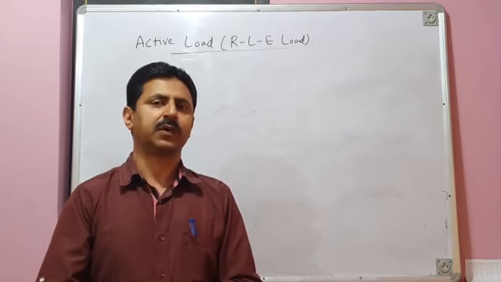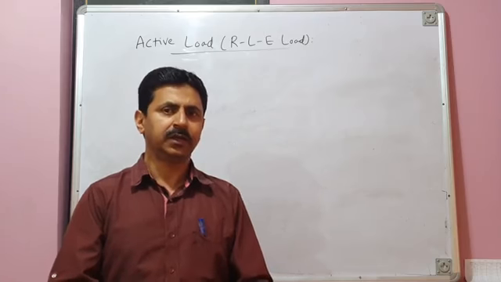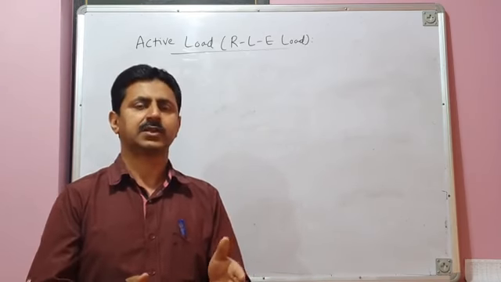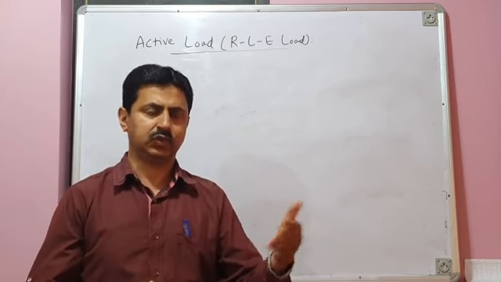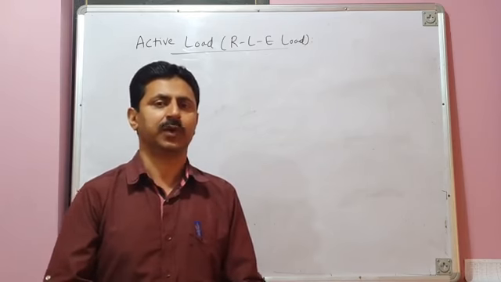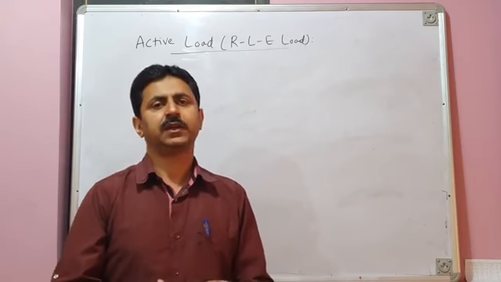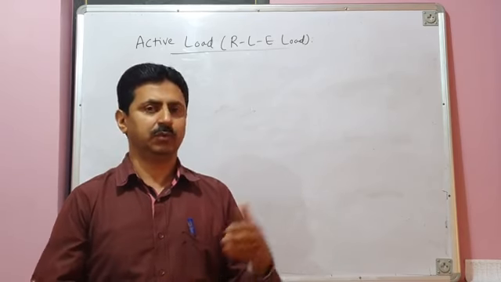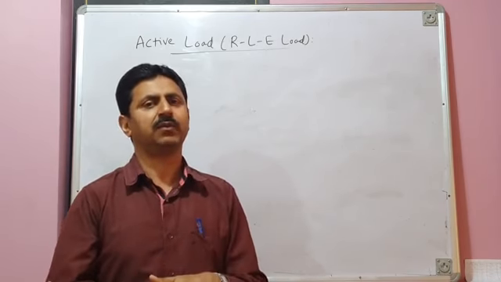The examples of an active load are battery load or motor load. Battery has its own voltage, motor also has its own back EMF. Like for example, if you are feeding a DC motor from an AC to DC converter, and you know DC motor has a back EMF EB. So both these two are the examples of active load.